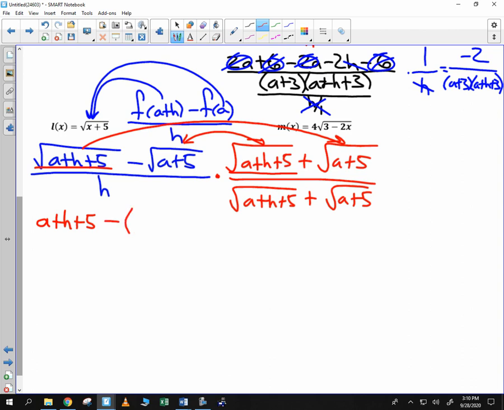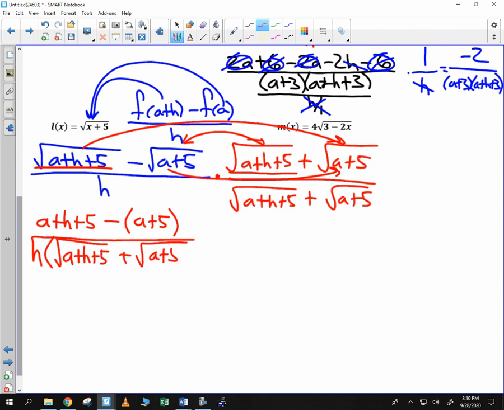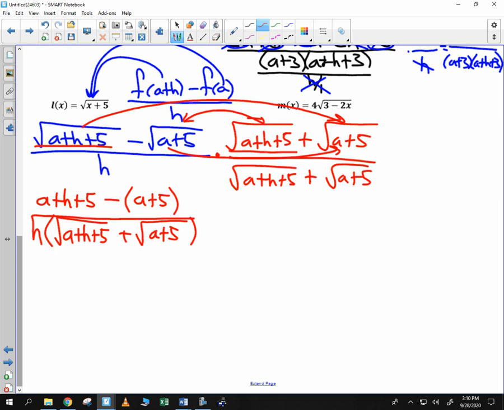And then you'll get minus, and then this guy times that guy will give me a plus 5. Now, the denominator is kind of ugly. You have an h times this big quantity over there, which is square root of a plus h plus 5 plus the square root of a plus 5. So you kind of got that stuff, but at least the top now, we can focus on that.